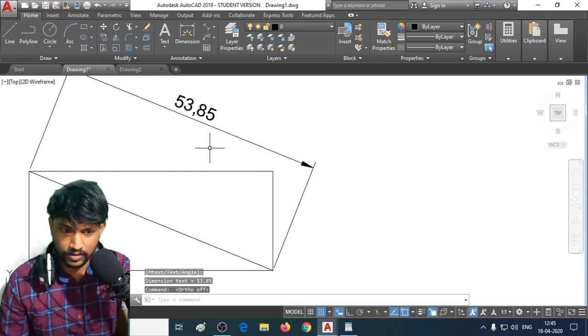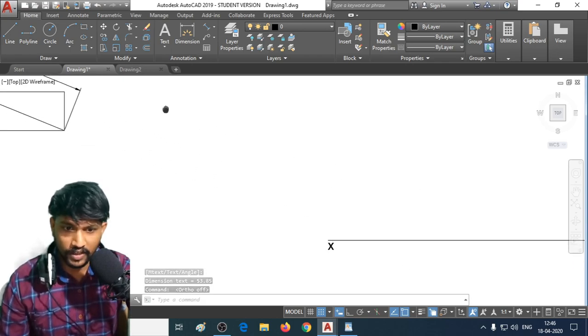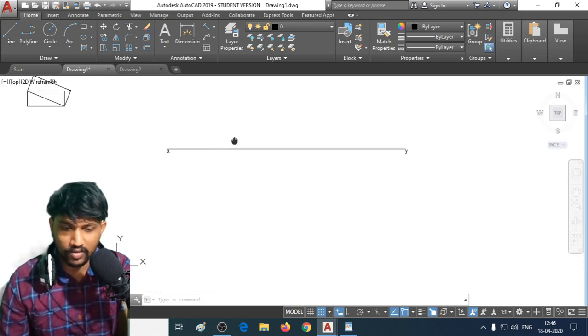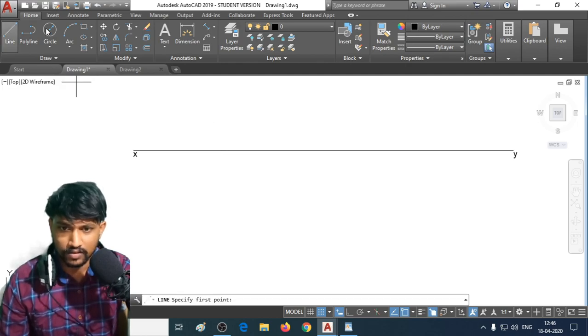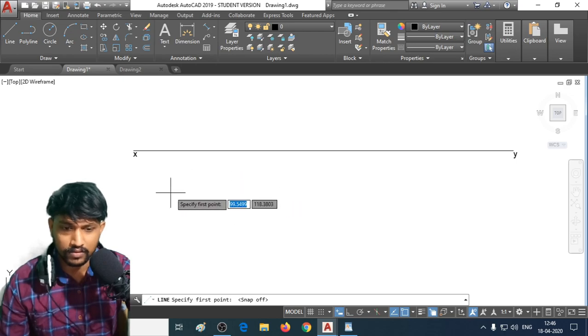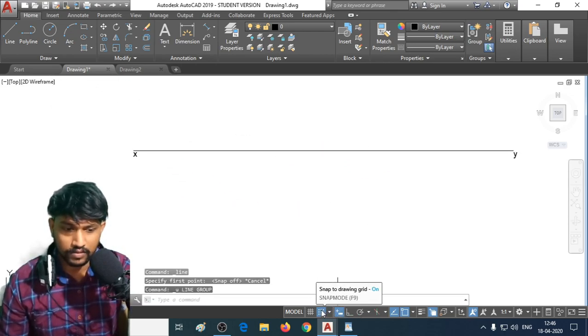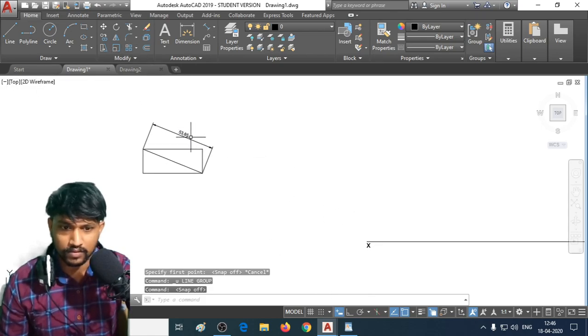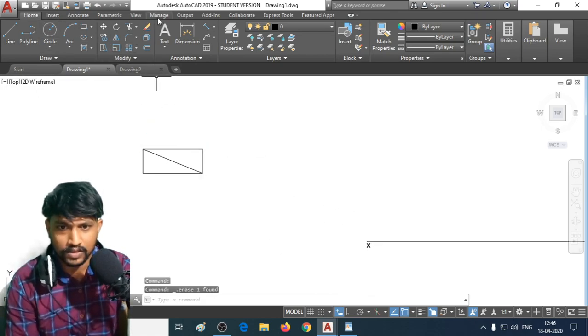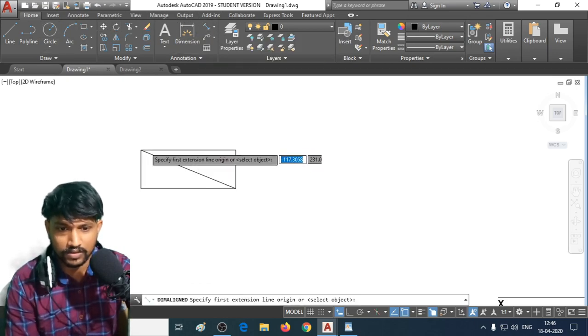So which is 53.85. So I am going to draw a line horizontally. Grid snap mode is on, so I want to recheck the dimension.